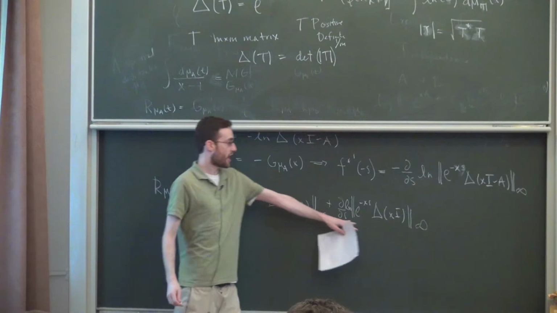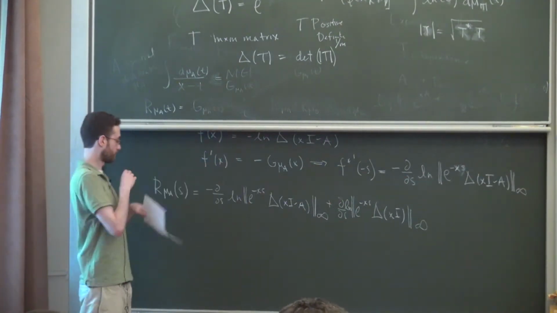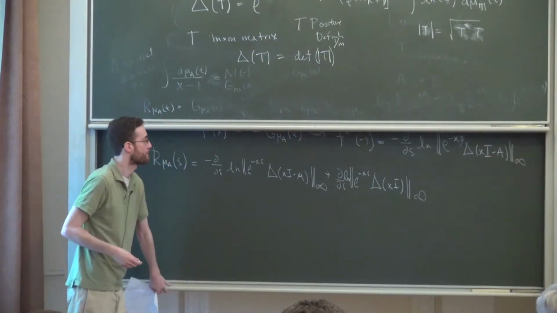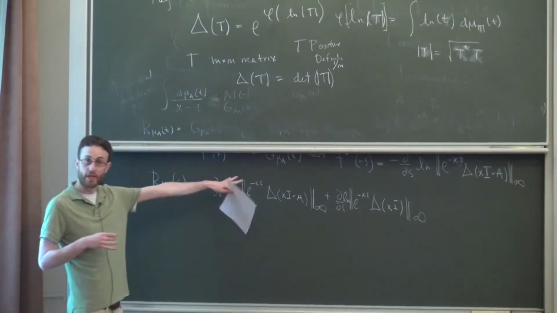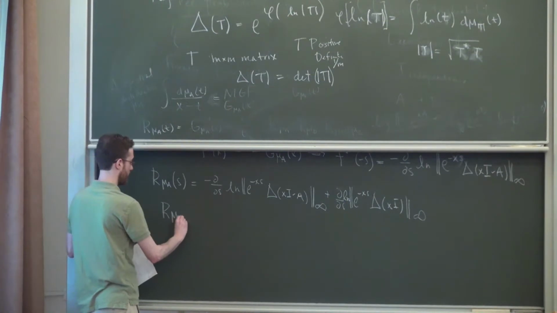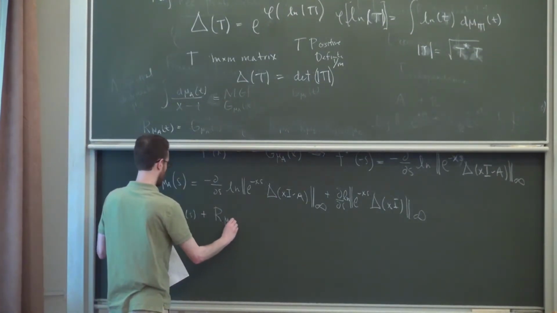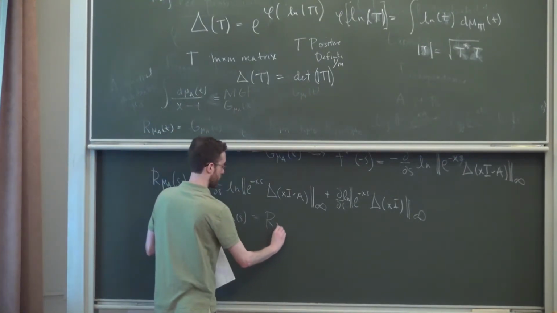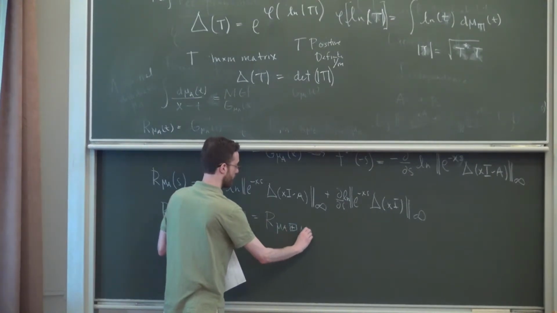Right, this is just subtracting off what happens when the operator is 0. And remember, this is how I can define the free convolution, right? R mu A of s plus R mu B of s is R of mu A plus mu B of s.